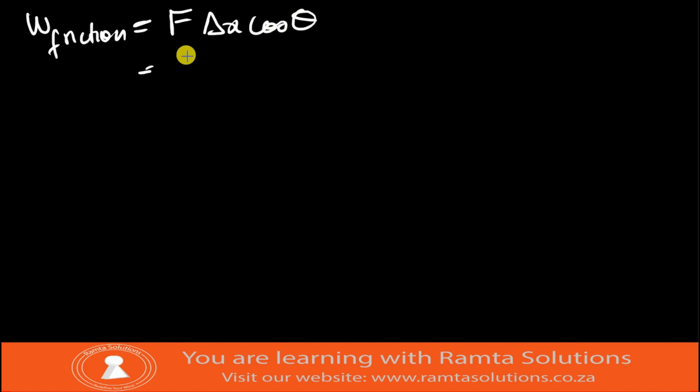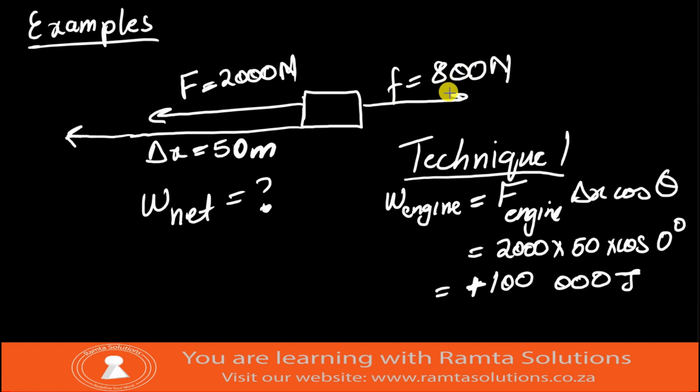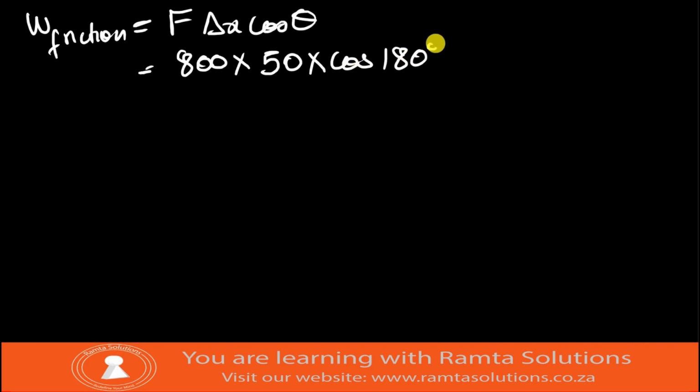So it is 800 times the displacement of 50 times cos 180 degrees. Friction is always in the opposite direction, so it'll always be cos 180 degrees. 8 times 5 is 40, so this must be 40,000, but negative.